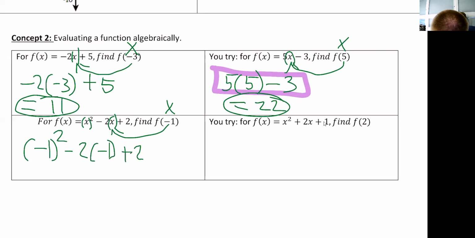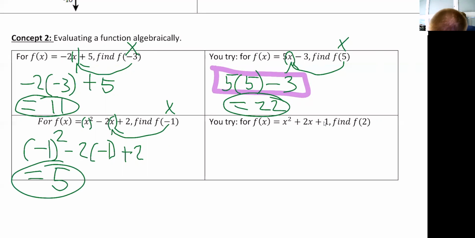Sometimes you might get lucky, but especially when you have exponents, it's going to mess you up. But if you plug this in a calculator, or if you just work this out, -1 squared would be +1, -2 times -1 would be +2. You should get +5 if you enter this in correctly. But like I said, make sure you're putting those parentheses.